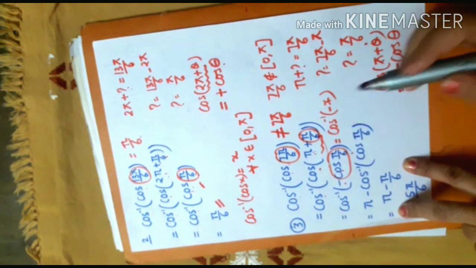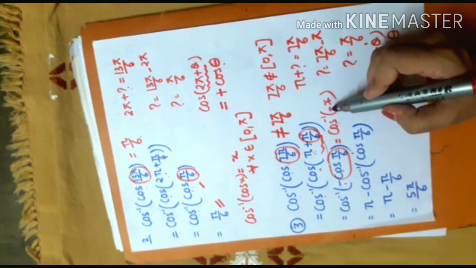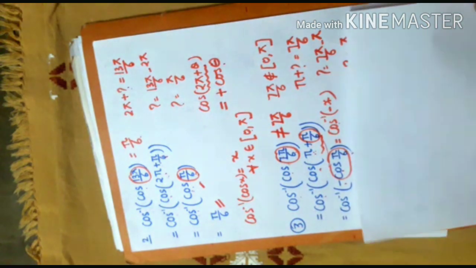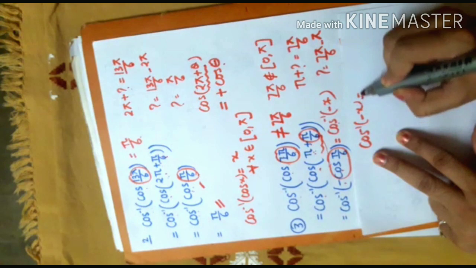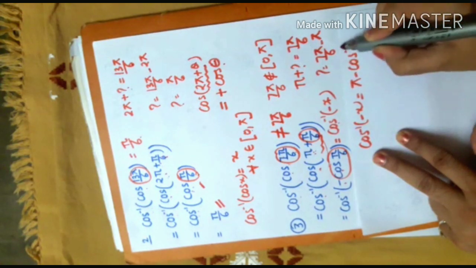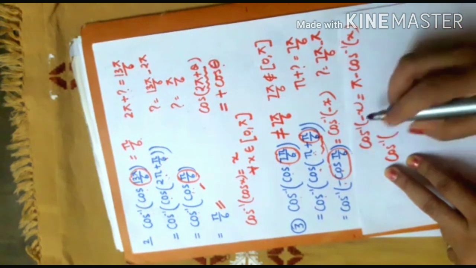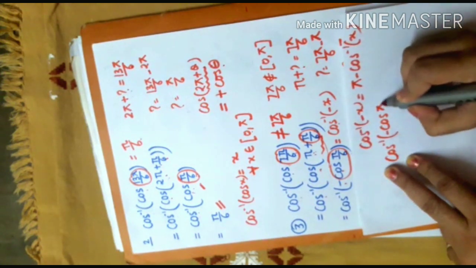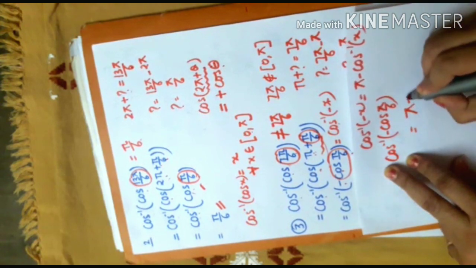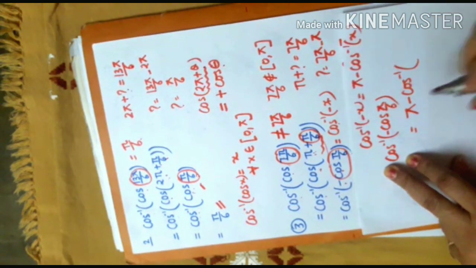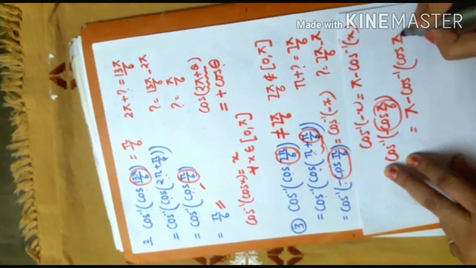And we know that cos inverse of minus x is equal to pi minus cos inverse x. So cos inverse of minus cos pi by 6 will be equal to pi minus cos inverse, and the role of x is being played by cos pi by 6.